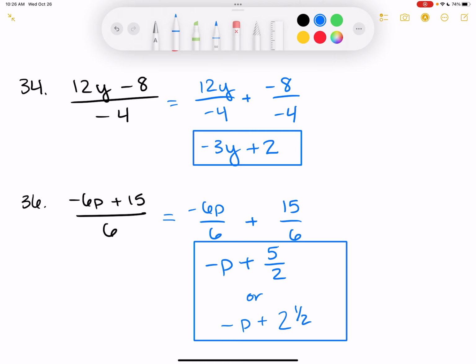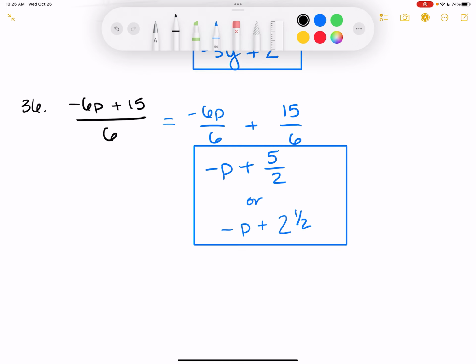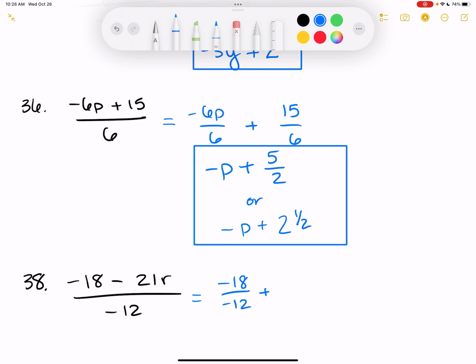All right, one more of these. 38. Negative 18 minus 21r over negative 12. So I get negative 18 over negative 12 plus negative 21r over negative 12.